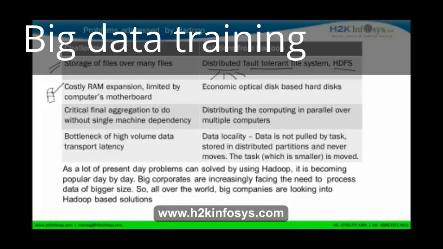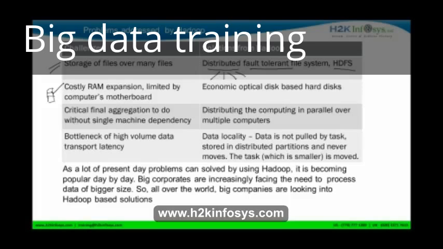Of course, that had a limitation that the computer's motherboard had to permit that. But we kept on increasing it as long as it was permitted by the design of the motherboard. But that was becoming very costly. As we had to keep on increasing the memory, it was becoming very costly.